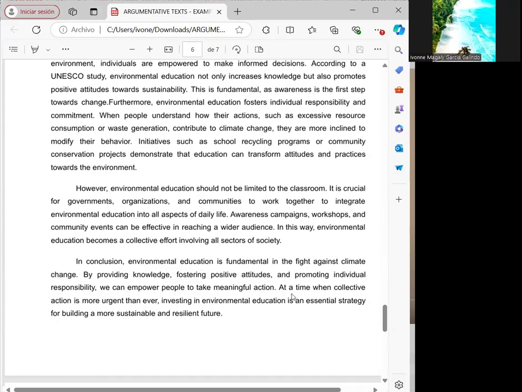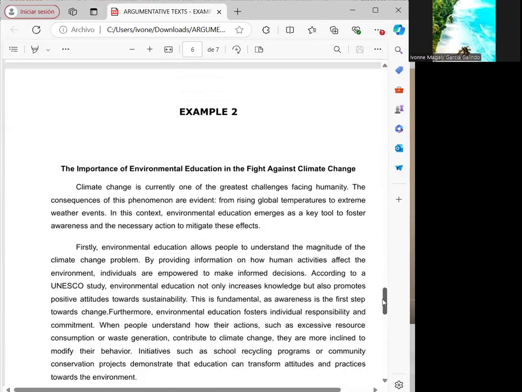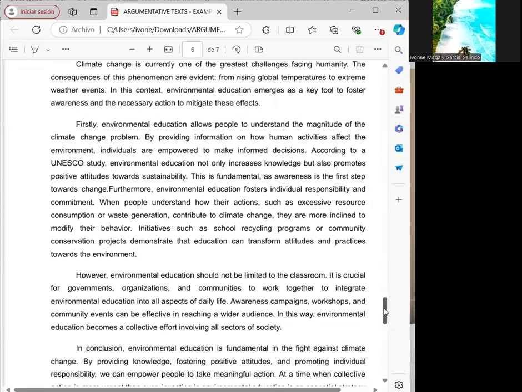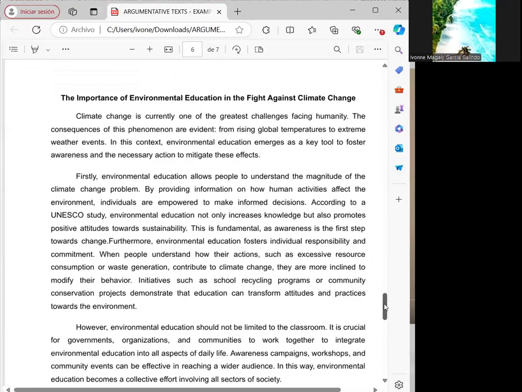Investing in environmental education is an essential strategy for building a more sustainable and resilient future. So this is a good example. We find argumentative paragraphs here, but it's lacking a good introduction and a good main idea.